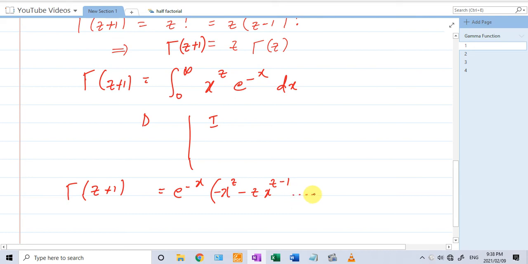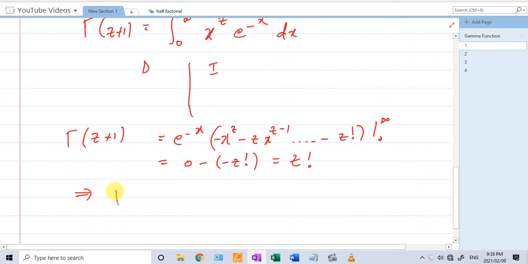Remember, these are derivatives of each. You continue with all the negatives until you end up with z factorial, from 0 to infinity. So what you actually have here is 0 minus z factorial, which is equal to z factorial.